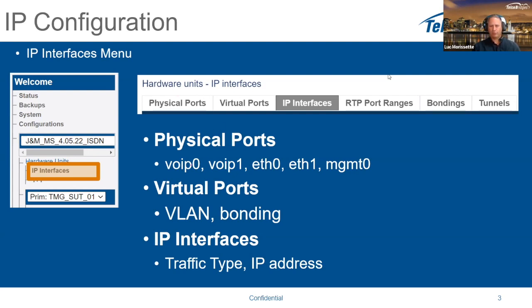Physical ports will show you the ports we saw on the installation on the first day. The virtual ports here are to configure VLAN bonding, and the IP interfaces here are used to configure the traffic types and the IP address. The rest here is not so important, so I will go quickly over those elements.